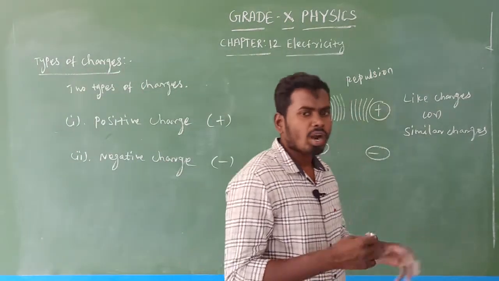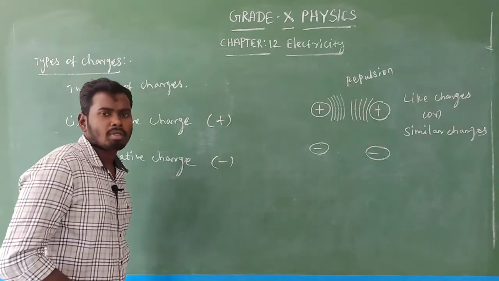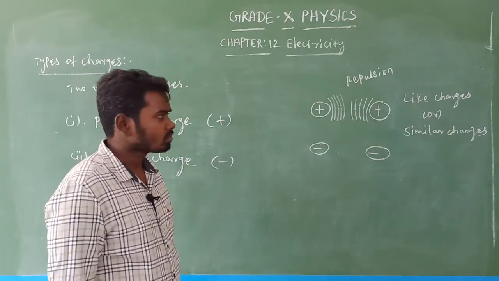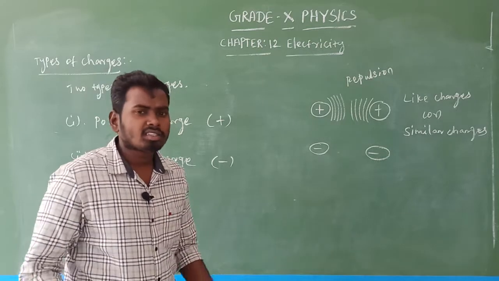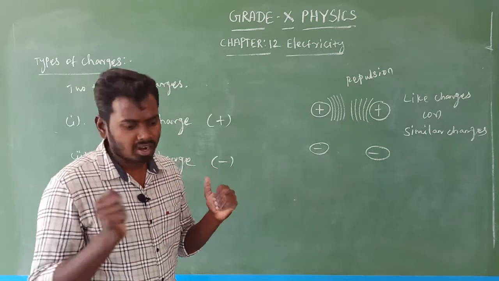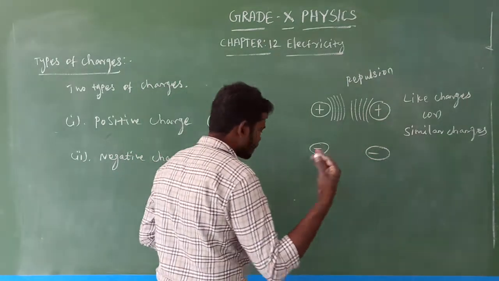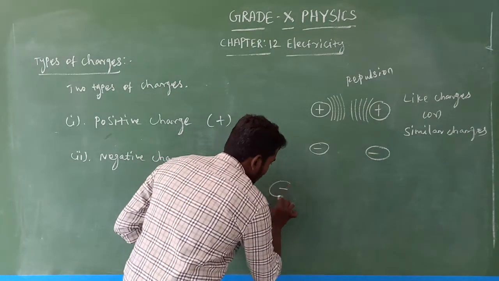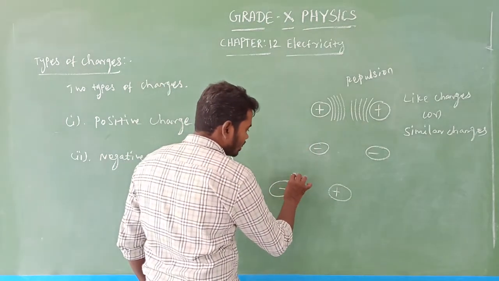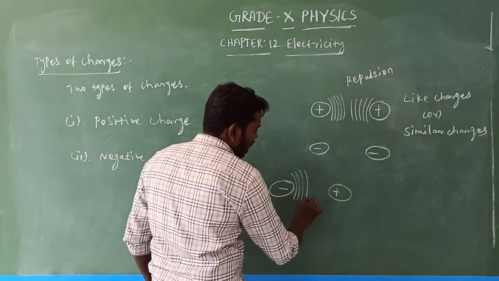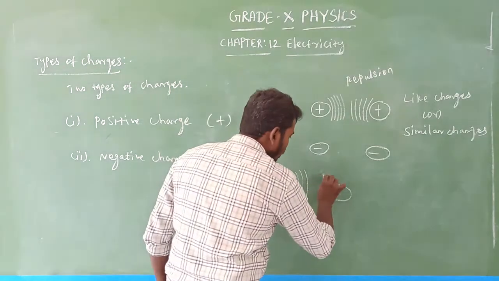Yes. Then what about the unlike charges, sir? Unlike charges, which means the opposite charges, attract each other. For example, consider this negative charge and one positive charge. This negative charge creates the negative electric field, and this positive charge creates the positive electric field.